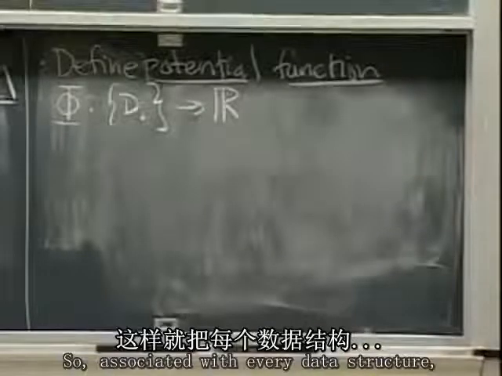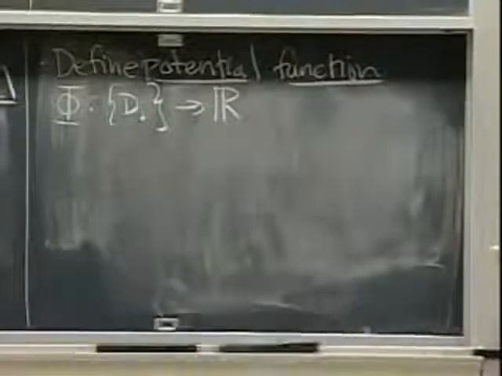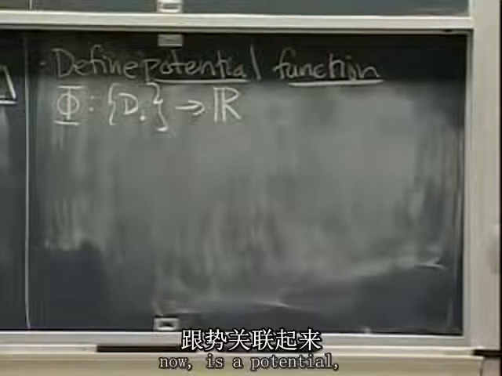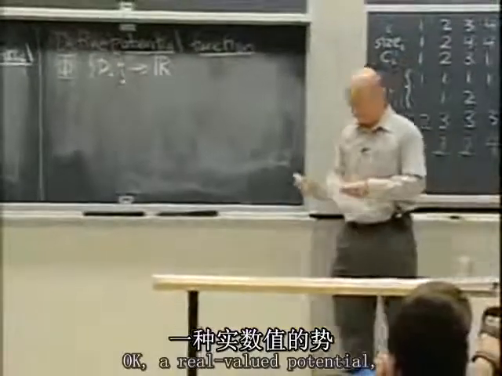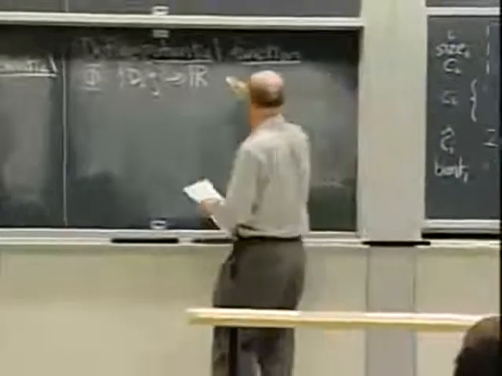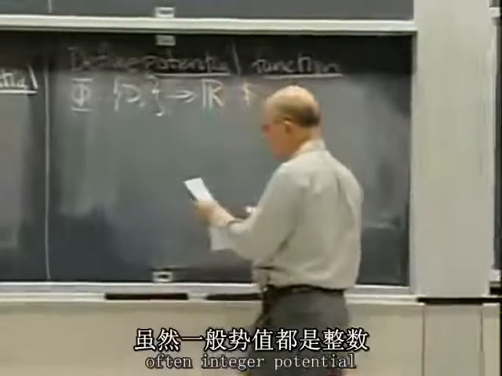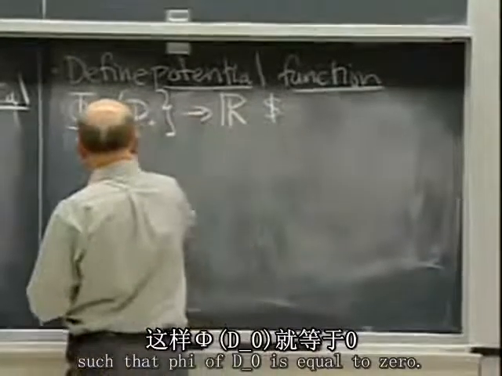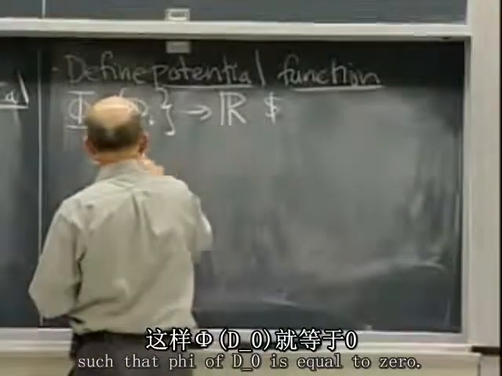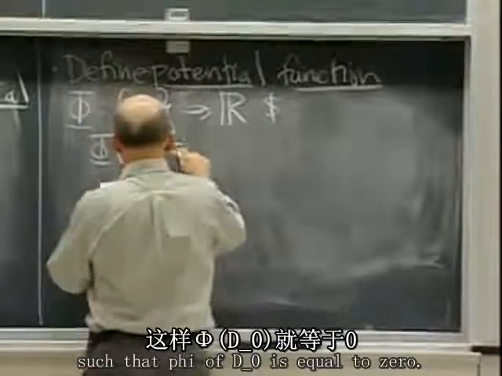So associated with every data structure now is a potential, a real-valued potential, often an integer potential, such that phi of D0 is equal to 0.